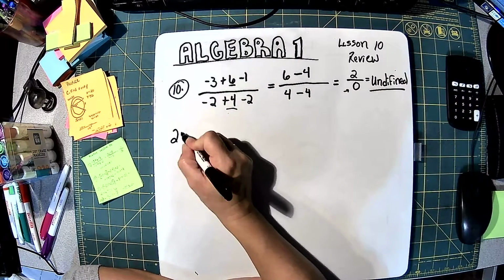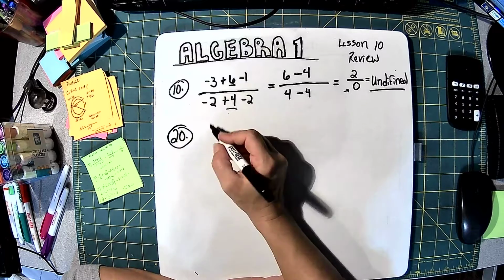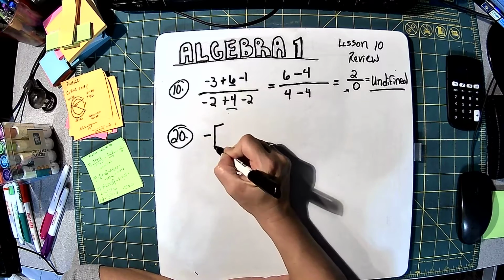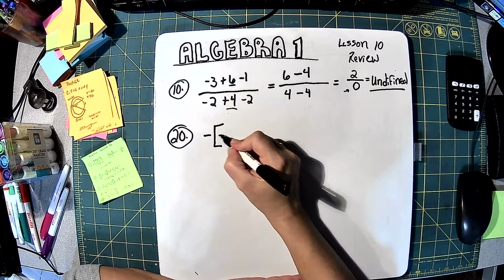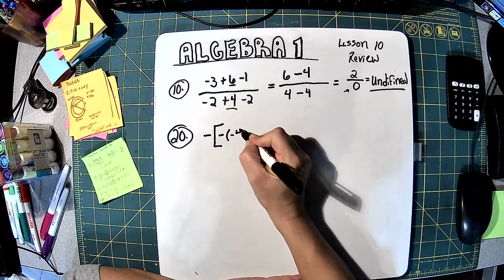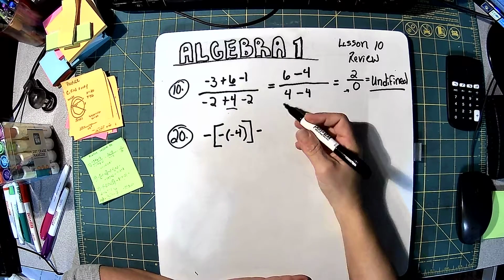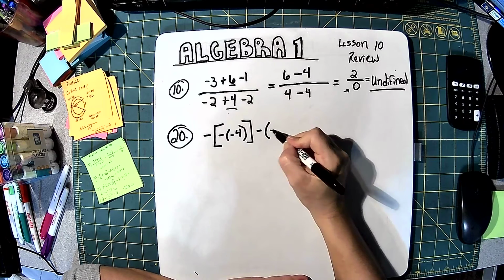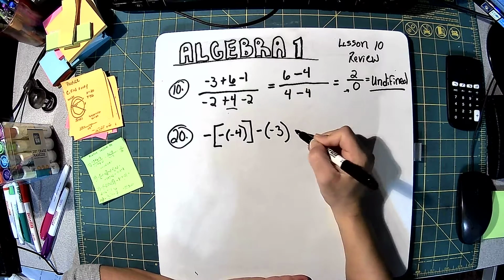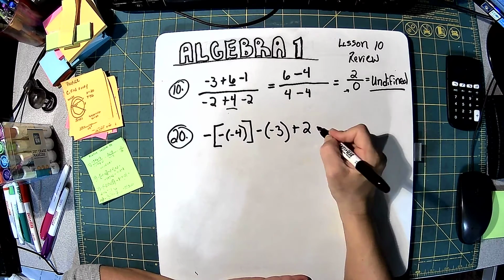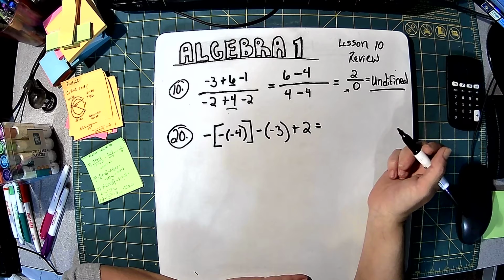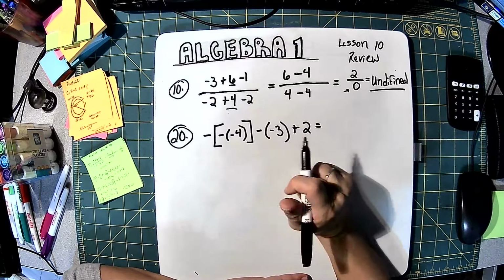All right, the next one was number 20. Not that many brackets, just one bracket and a couple of parentheses. Okay. So the first thing I'm going to do is simplify this complex notation.